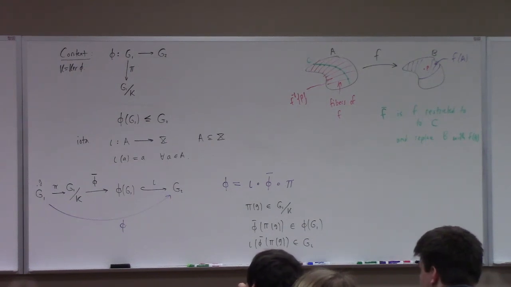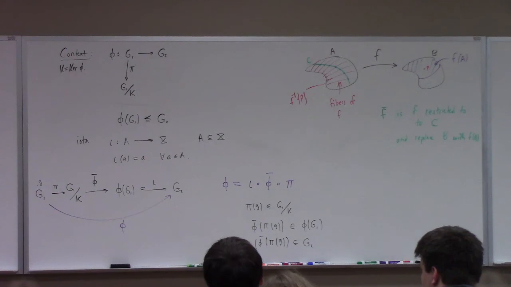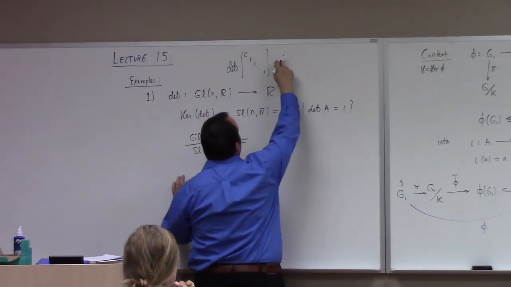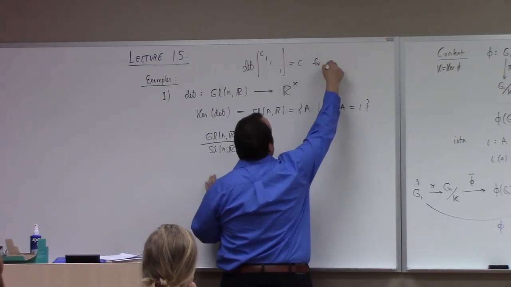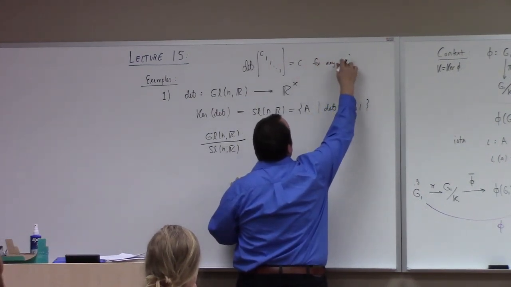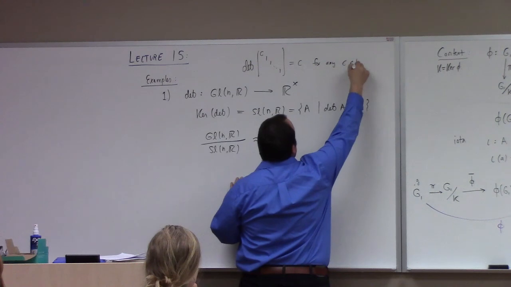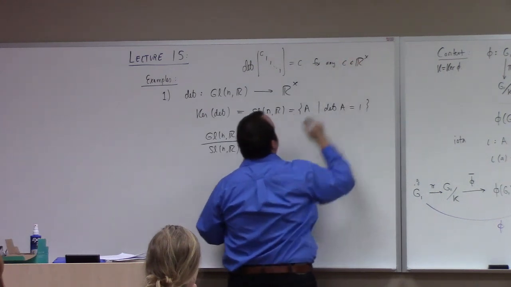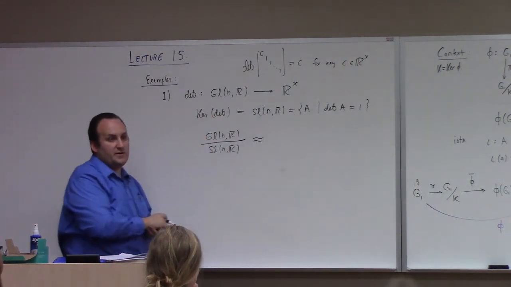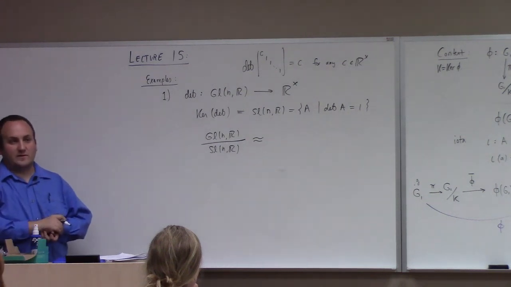The determinant of the matrix with C, 1, 1, 1 on the diagonal is C, for any C in there. So that matrix gives you determinant C for any non-zero C. That's in GLn.